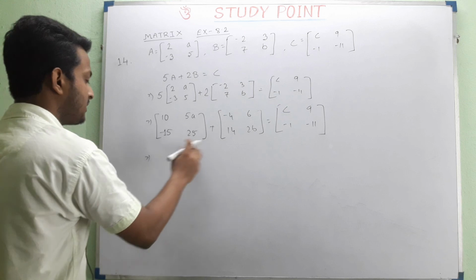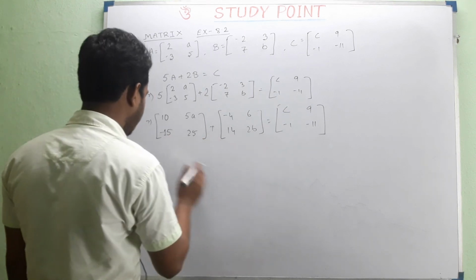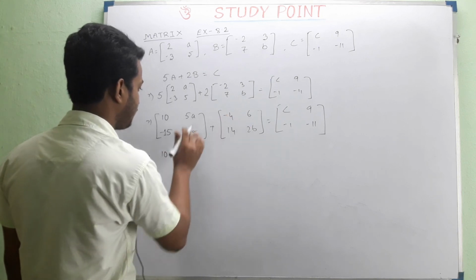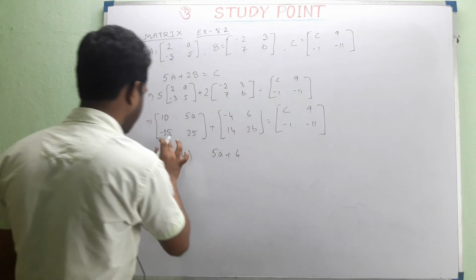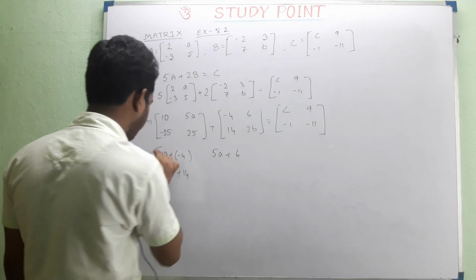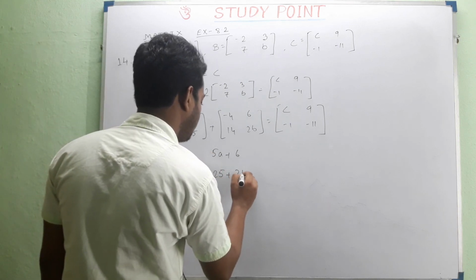Okay. Now see, here it is the addition sign. Now we have to add these two matrices, and it will be 10 plus of minus 4, 5A plus of 6, minus 15 plus of 14, and 25 plus of 2B.